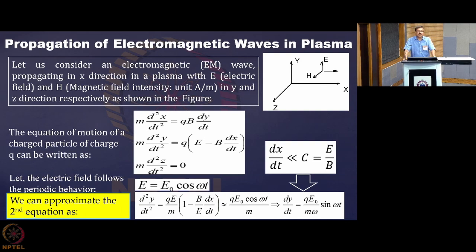That was the basic criterion used in this derivation. So dx/dt is the particle velocity, and c is the speed of light, and we used the approximation that dx/dt is much less than c, that is, basically E by B.